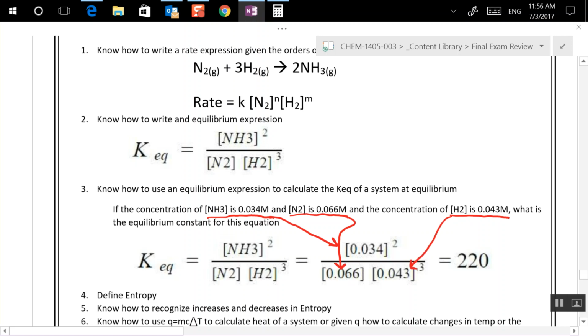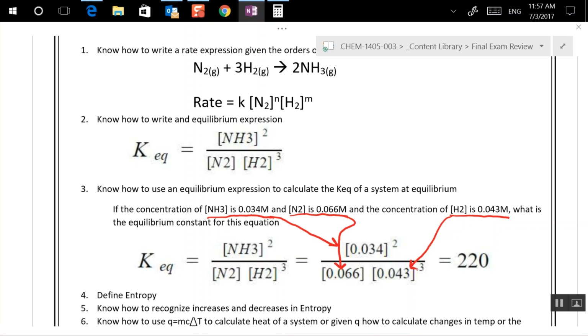So 0.034 squared divided by 0.066, divided by 0.043 cubed. However you want to do that in your calculators, you're going to get this answer. I put that there so you could practice getting that answer. Make sure that you can find the correct answer.